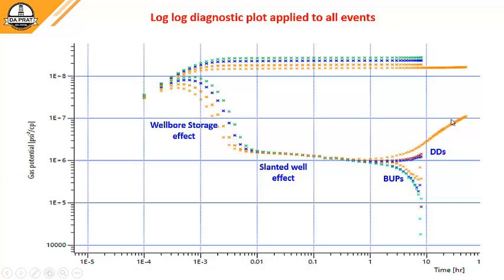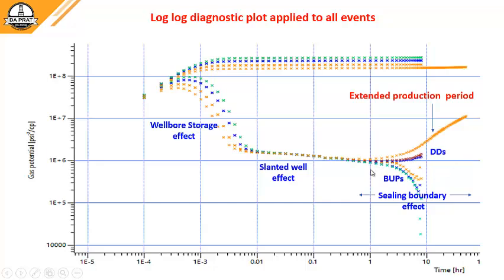boundary. And this is the extended production period, which adds or confirms in a way where this tendency will go if we have more time during the short drawdowns. And you can see here there is a tendency for the derivative to develop a unit slope, classical of pseudo-steady state.